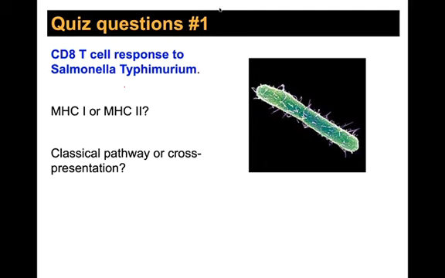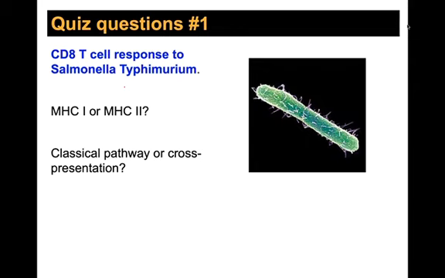So far, only one person is brave enough to answer. Where does Salmonella live? Does it live in the cytoplasm or does it live outside the cell? So it mostly lives outside the cell. So in order for it to be the classical pathway, it'd have to be in the cytoplasm.